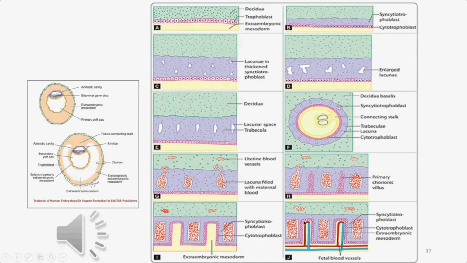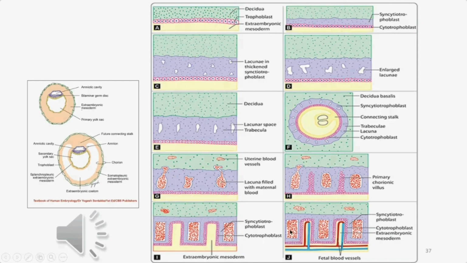And now what happened? In figure J, there is a formation of blood vessels in the extraembryonic mesoderm. It forms the tertiary villi. So here is primary villi, secondary villi, and tertiary villi. Formation of the blood vessels within the extraembryonic mesoderm forms the tertiary villi.